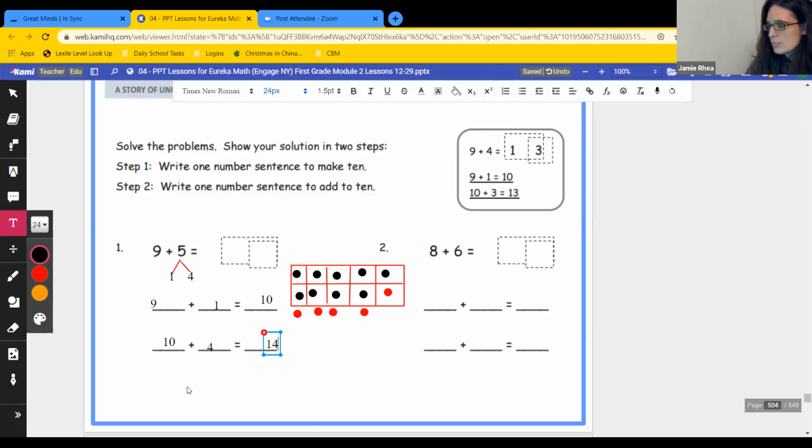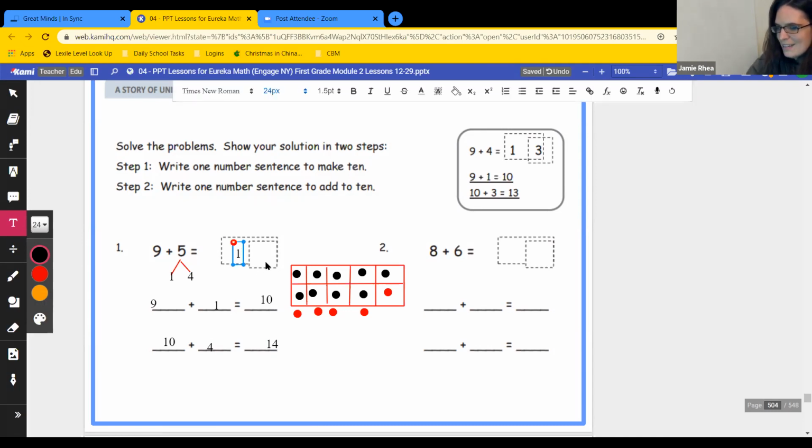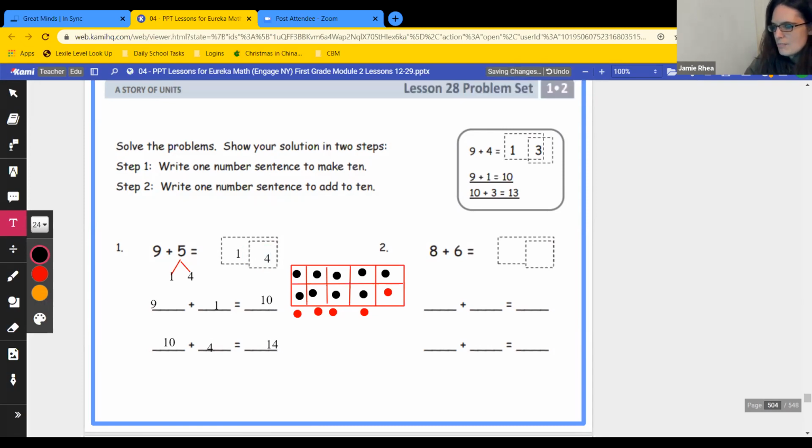Now, can I double check myself by counting on? So I can say 9, 10, 11, 12, 13, 14. How many did I have? 5. Yeah. So let's put our 1 ten and our 4 ones to show 14.